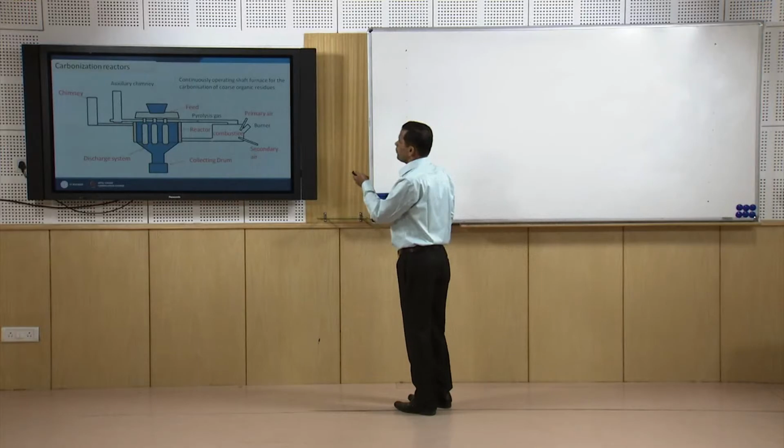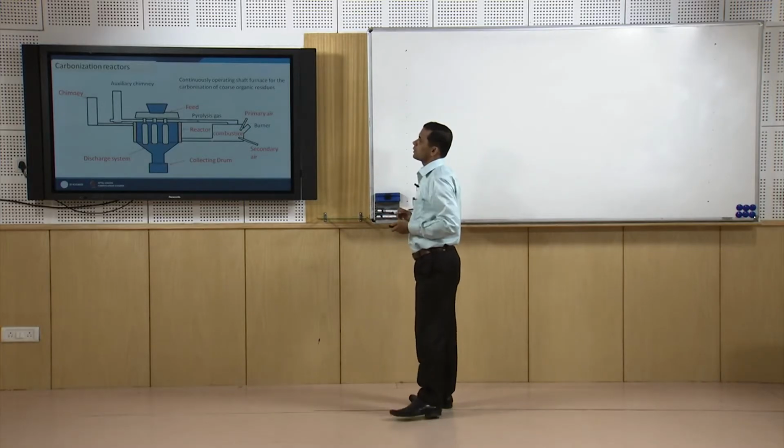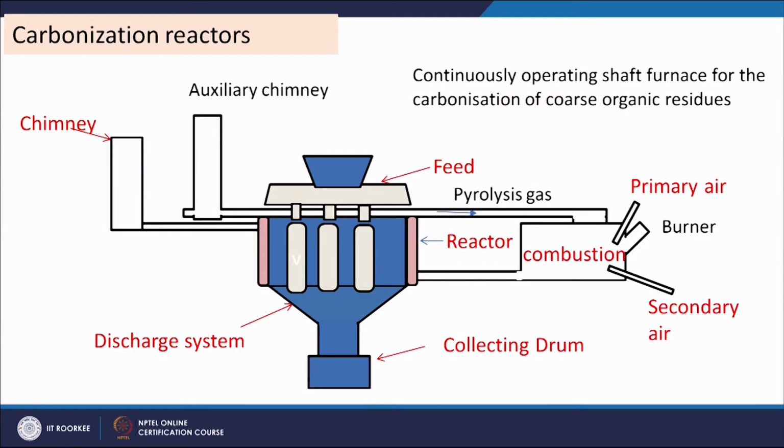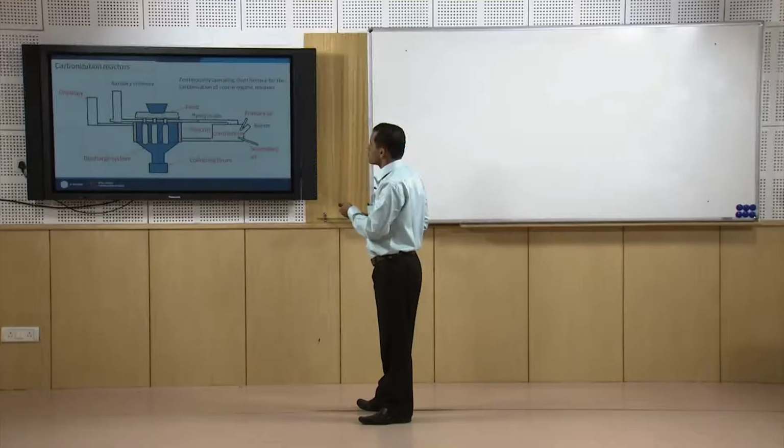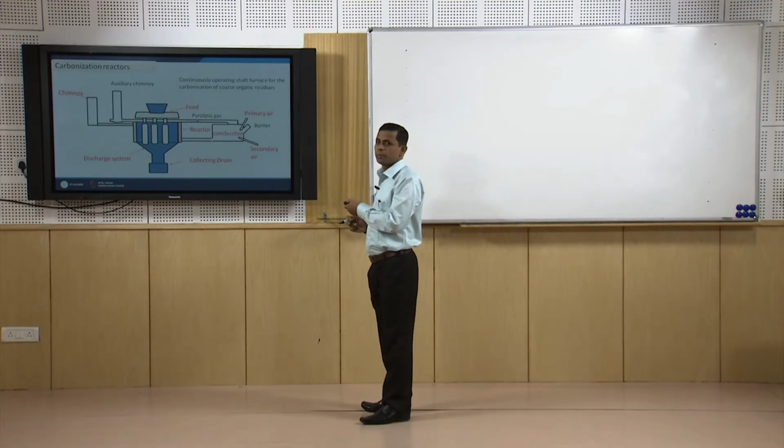Now, let us see the working of a carbonization reactor, that is, a continuously operating shaft furnace. Here we put in the feed, and this feed material enters the reactor zone through these three columns, which are the passages of the solid particles.